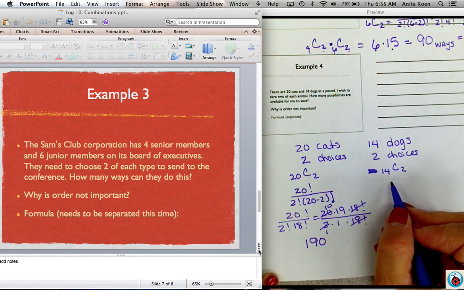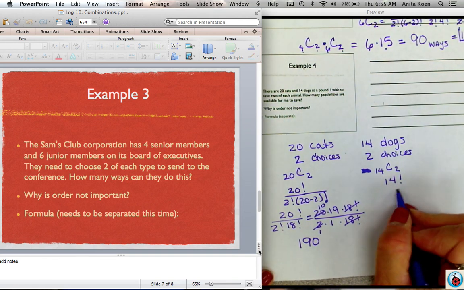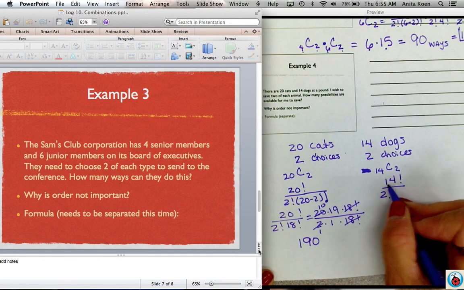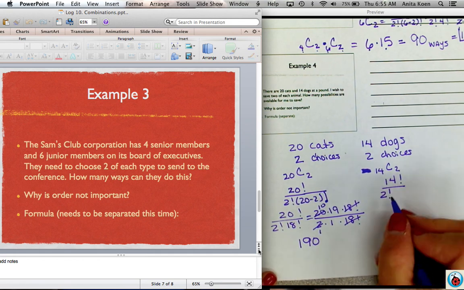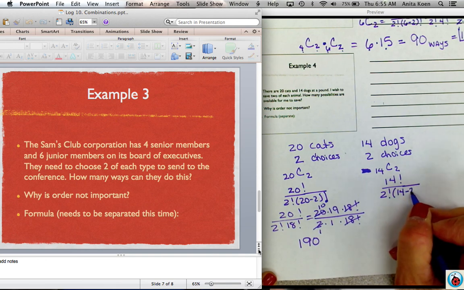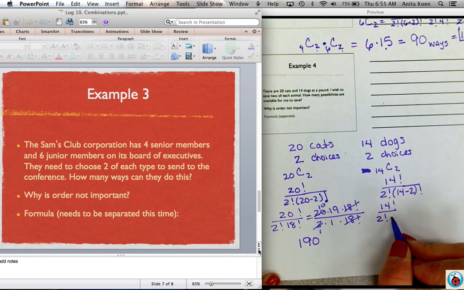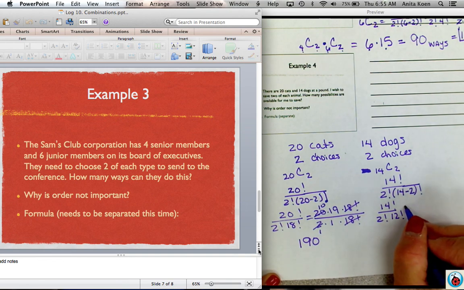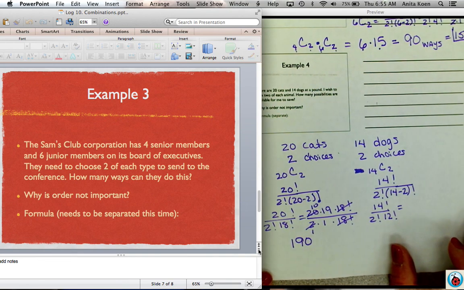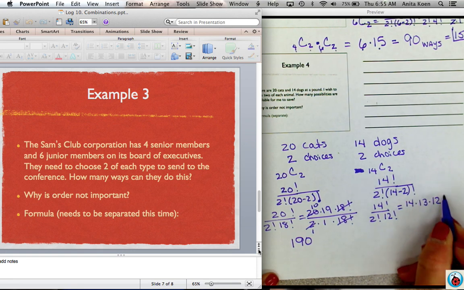Now if I'm going to do the dogs, I have 14 ways to choose the dogs. So 14 factorial, I'm choosing 2, so over 2 factorial, and now I'm going to subtract 14 minus 2 factorial. So 14 factorial over 2 factorial, and 14 minus 2 is 12 factorial. And this gives me 14 times 13 times 12 factorial.